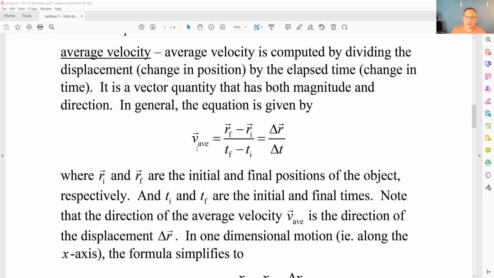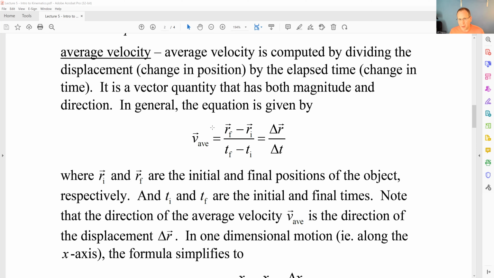And the direction that this average velocity points in, since it's a vector, is going to be the same as the direction of delta r, the displacement here. Because delta t does not have a direction, it's just a scalar, just a number. The direction is incorporated into this change in position. So the average velocity will have the same direction as the change in position, which is the displacement.